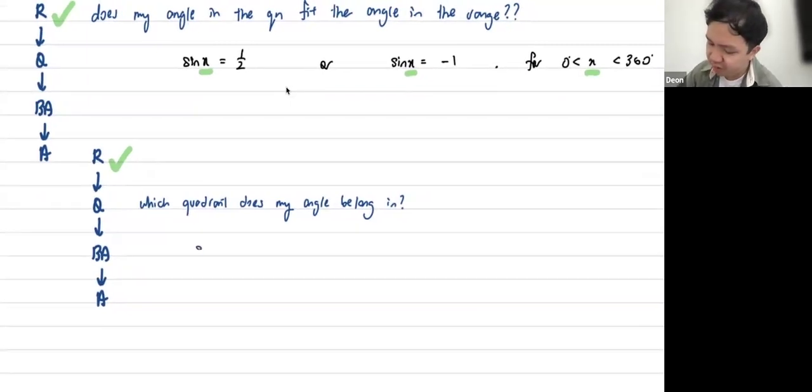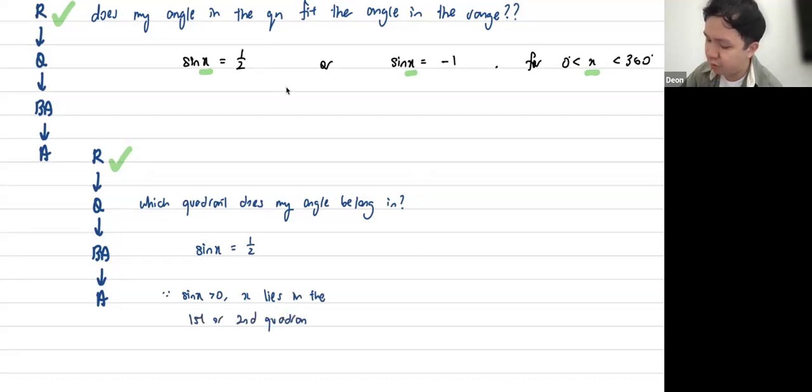So sine x equals half. Since sine x is positive, x lies in the first or second quadrant, because of what we learned before about ASTC, right? These two are the positive ones.